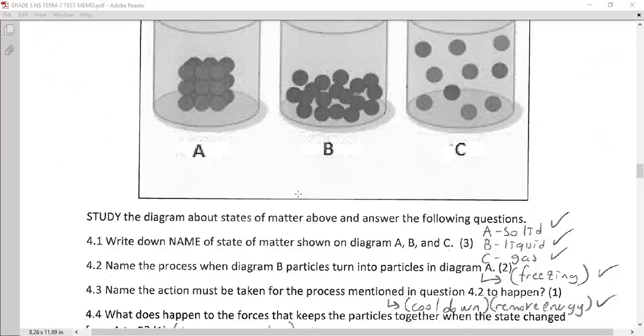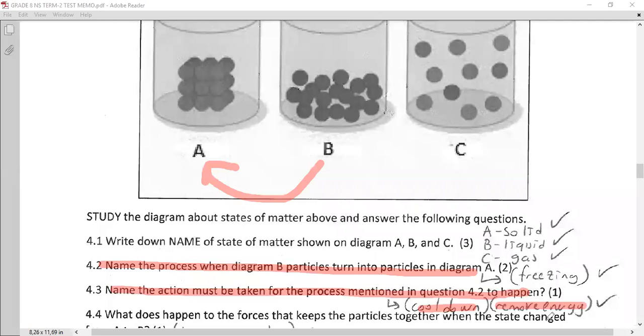4.3. Name the action that must be taken for the process mentioned in question 4.2 to happen, okay? So to be able to freeze the substance, what action must I take? I need to cool down. I need to remove energy from the system, okay? So anything like putting it in a freezer, anything similar to this, you receive full marks, okay?